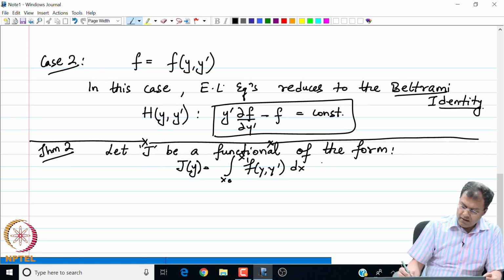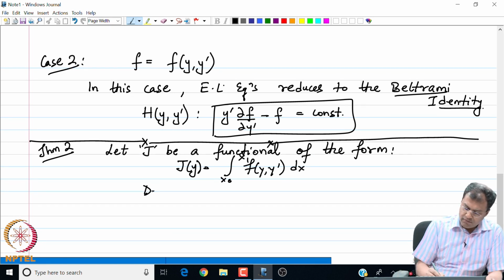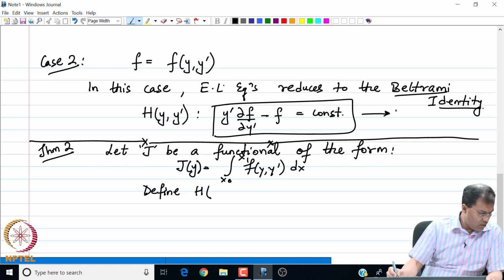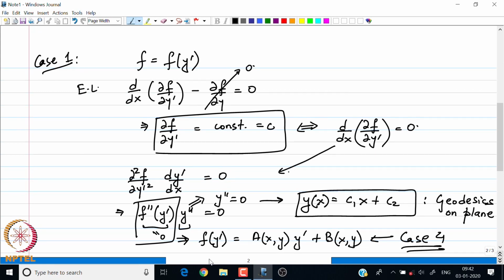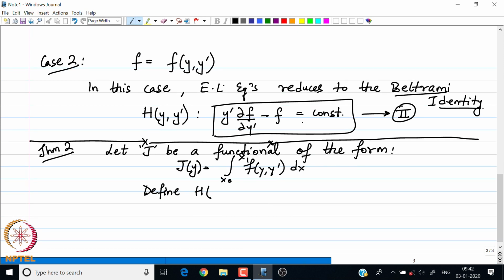And let me call this relation 2, because this was my relation 1 in the previous case. Okay. So, my relation 2 is this identity.